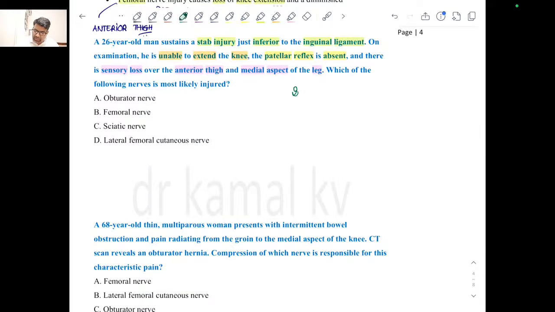So there is stab injury by a knife below the inguinal ligament, right? Now what has happened after this? Unable to extend the knee.